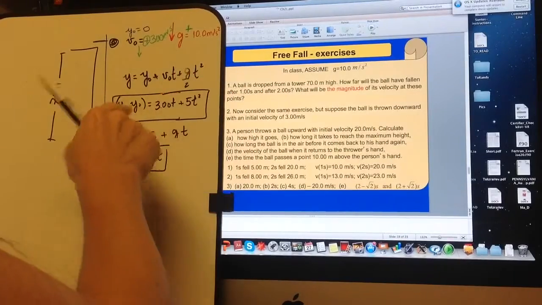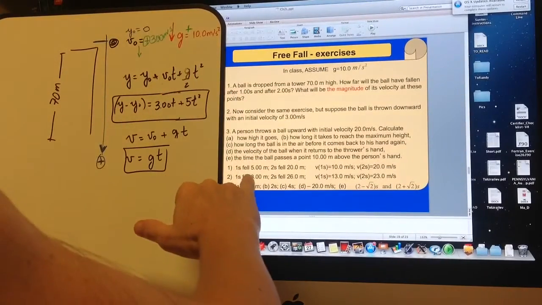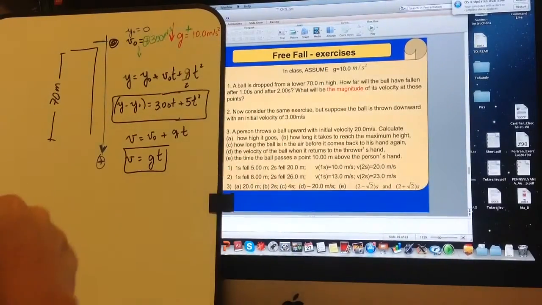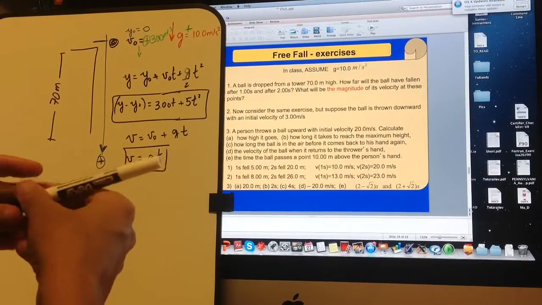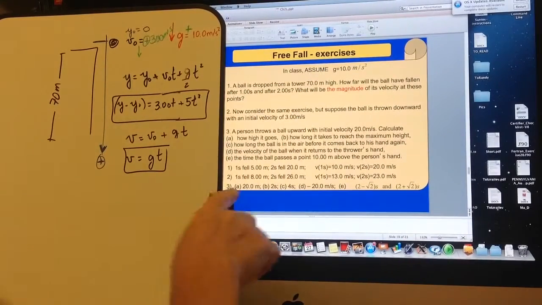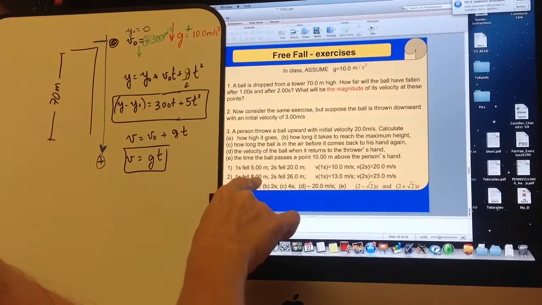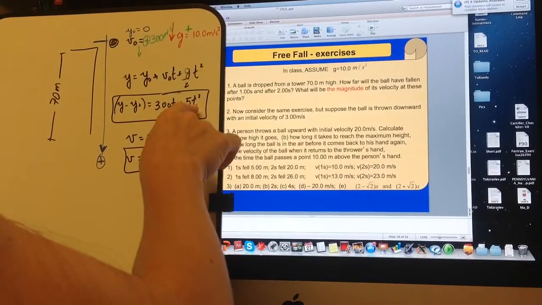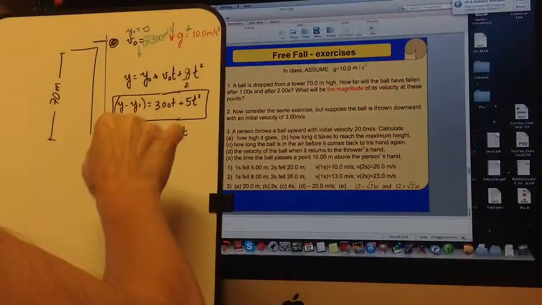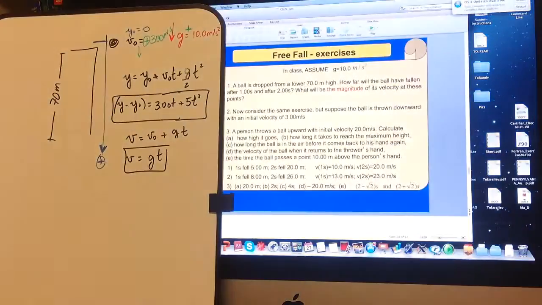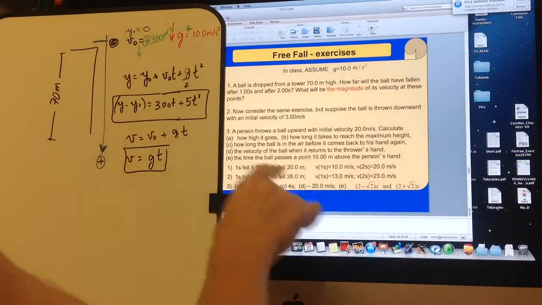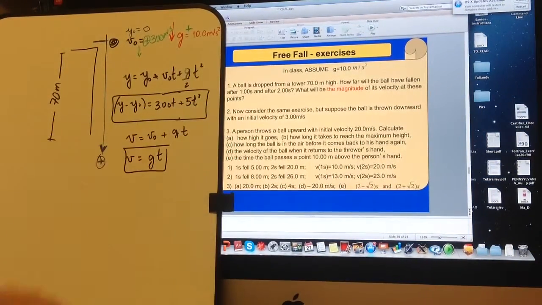So this is the equation that we need to find how much we travel after 1 second and how much after 2 seconds, right? So after 1 second we have 5 plus 3 is 8. After 2 seconds we have 5 multiplied by 4 is 20, 3 multiplied by 2 is 6, so 20 with 6, 26.